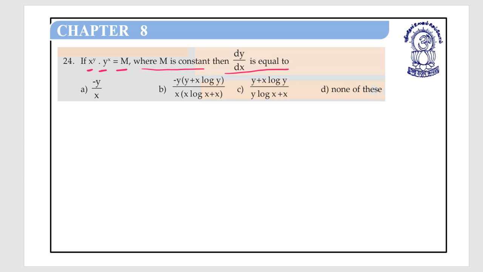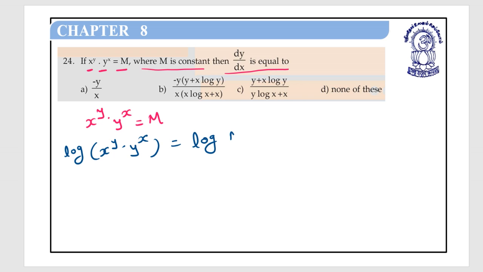So here, start with x raised to y into y raised to x is equal to m. Okay, so we have to take log on both sides. So take log of x raised to y into y raised to x is equal to log m.